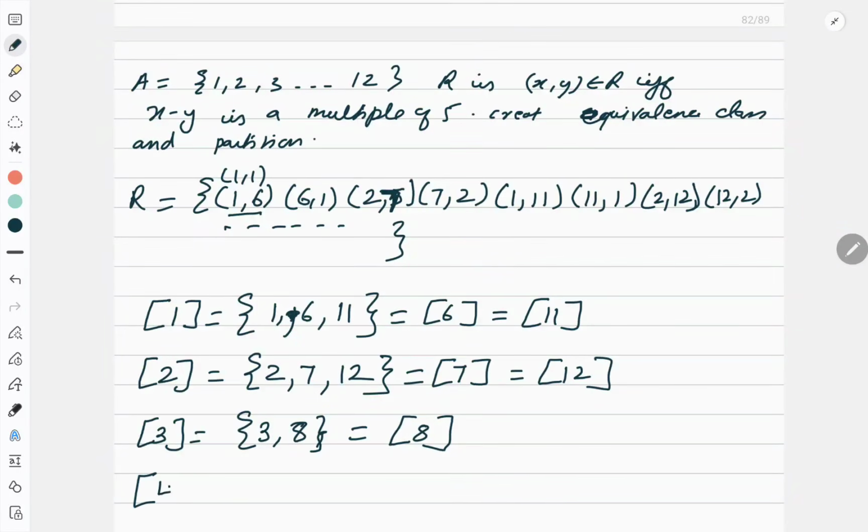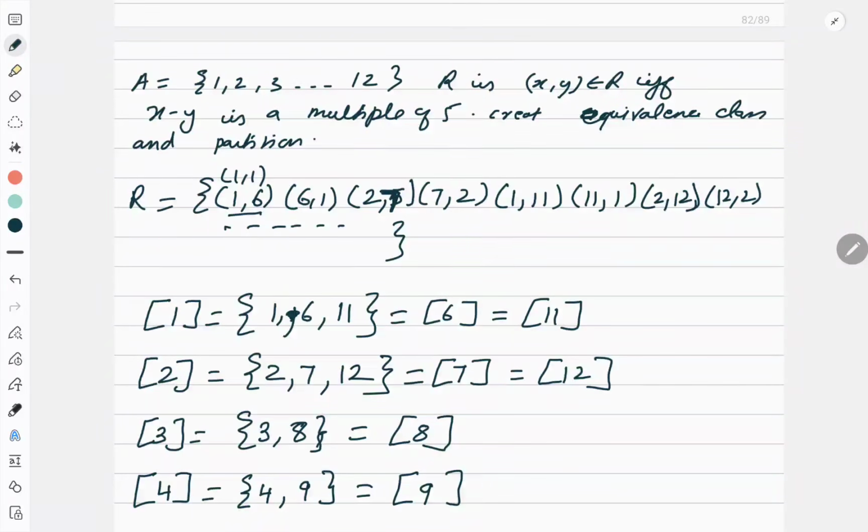Same way for 4, one element will be 4. From which number should I subtract 4 so that I get 5? I'll write here 9, since 9 minus 4 is 5. And for 10 you would need 14, which is not there in the set. So this is done, and this will be the same as 9 also.